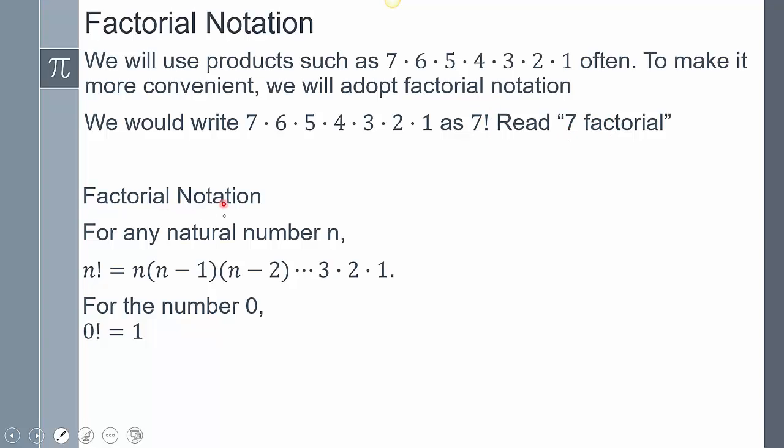So our factorial notation, by definition, is n factorial equals n times n minus 1 times n minus 2, and you count all the way down till you get 1. And just for the purpose of allowing all these definitions to work in the future, we're going to let 0 factorial equal 1. If we don't do that, weird things happen.